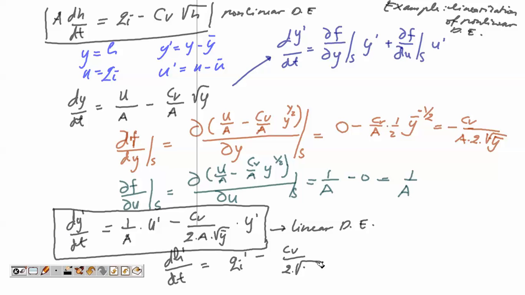So square root of y bar times y prime, A and A we can move to the left side. Okay, so this is the linear differential equation of our case.